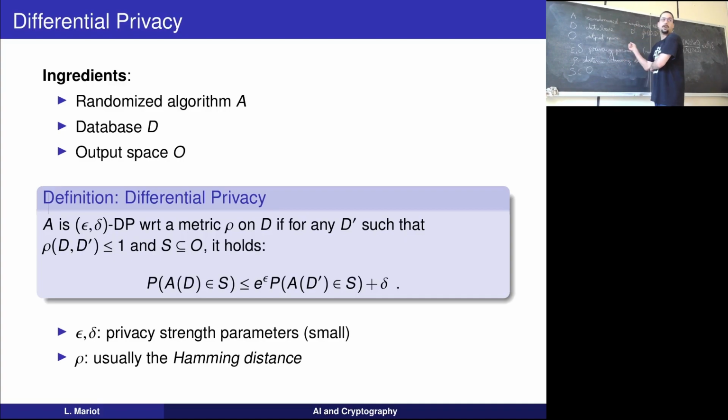Actually, differential privacy has nothing to do with cryptography itself in the sense of encryption, like we saw in the first two lectures. But still, it is a technique studied mostly by cryptographers, and in fact it was invented by people doing cryptography.